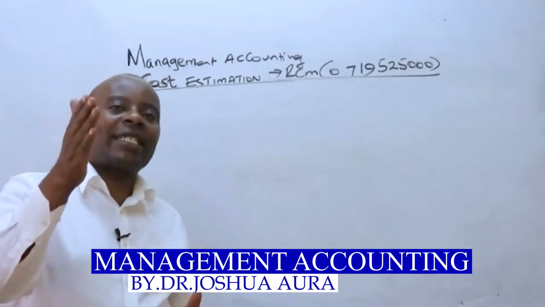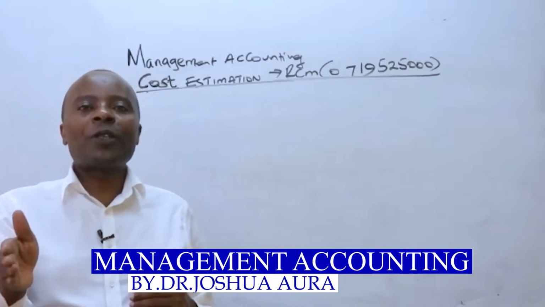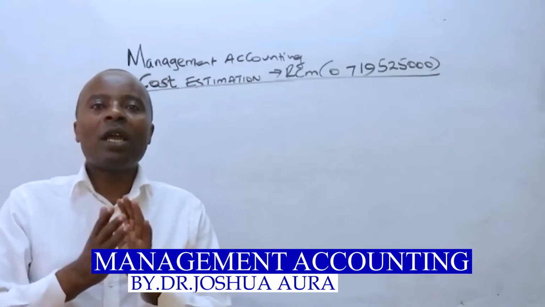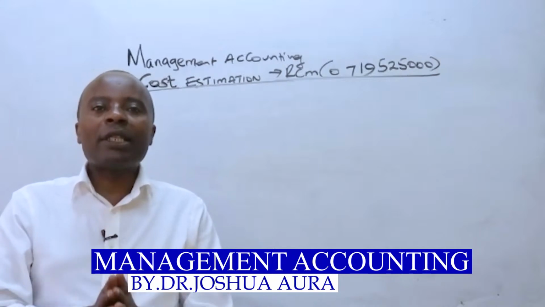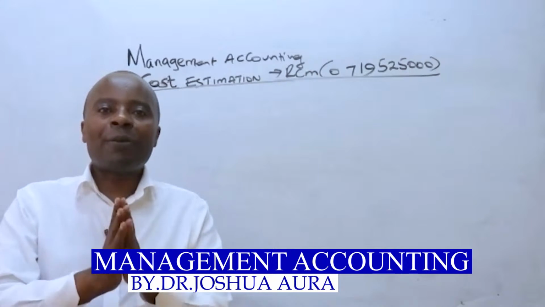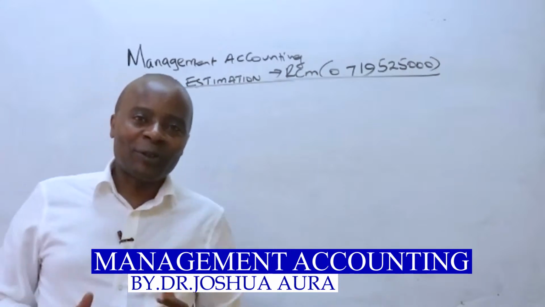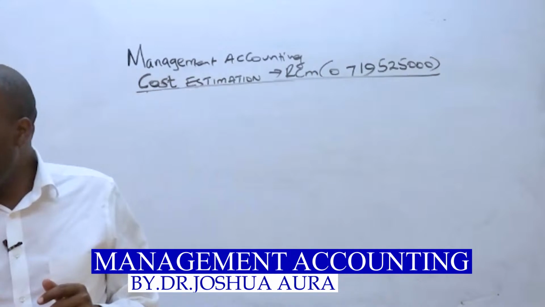So I'm forecasting, I'm predicting, I'm estimating future costs today. And that is why cost estimation is also known as a method of predetermining costs for purposes of cost control.